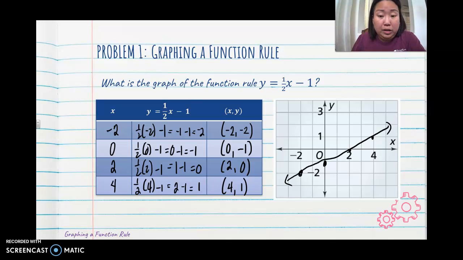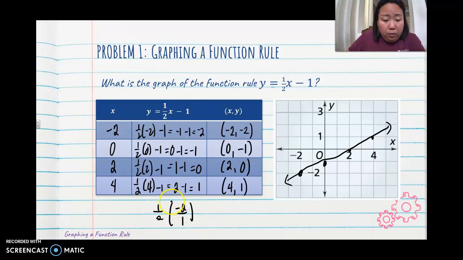All right, so to make the function rule easier for us to get the x and y values, since we are given 1/2 x, we can put in the values of x that are even numbers. Since 1/2 times an even number, your denominator 2 could get canceled. So just imagine our given here, we have our x to be -2, 0, 2, and 4. Okay, so if you're going to simplify 1/2 times -2, -2 is -2 over 1.